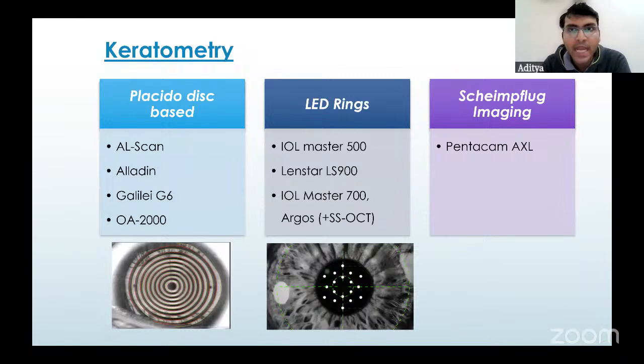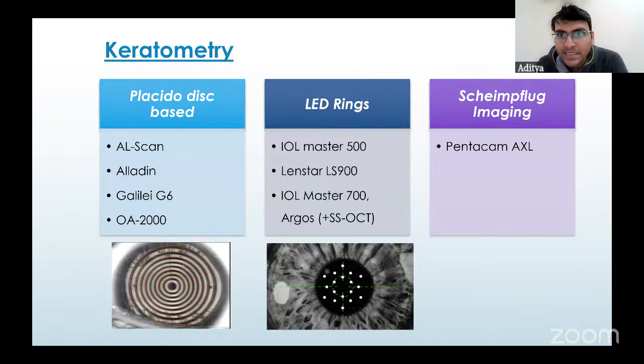Coming on to the keratometry, biometers integrate either reflection-based methods like Placido disc or LED rings, or slit imaging like SS-OCT or Scheimpflug imaging. The advantage of reflection-based is that they have precise anterior corneal measurements, but they have a limit on posterior corneal readings, and they don't give the corneal anatomy.